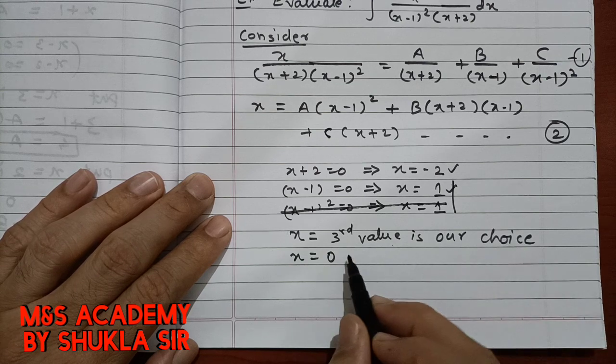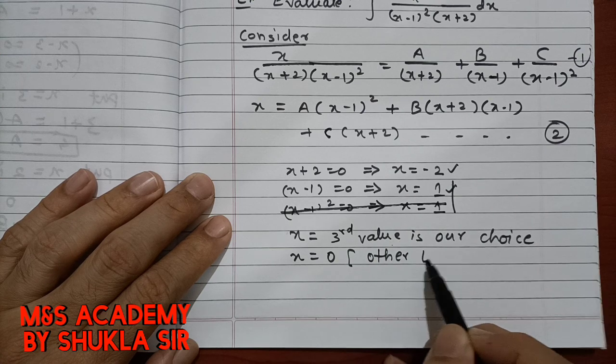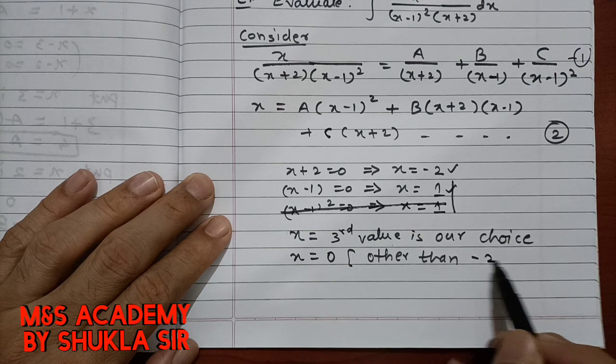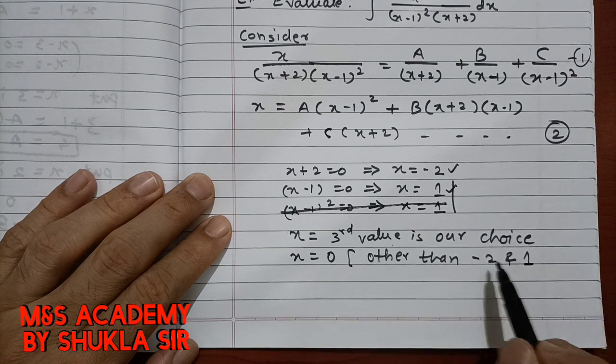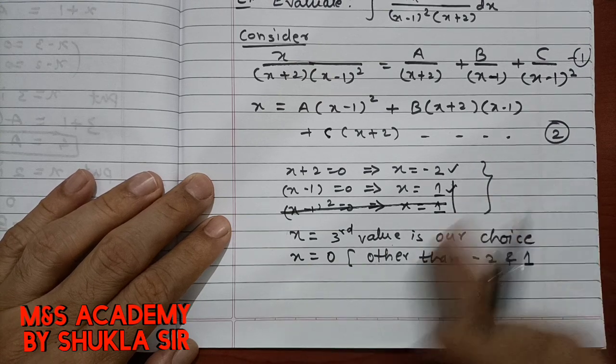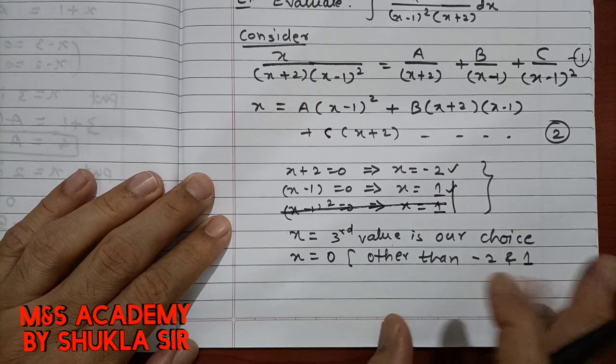This value should be other than minus 2 and 1, we can't take these values as a choice. Except these 2, you can take any value as a choice.